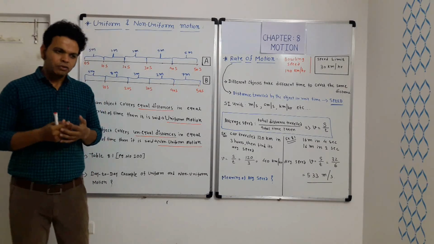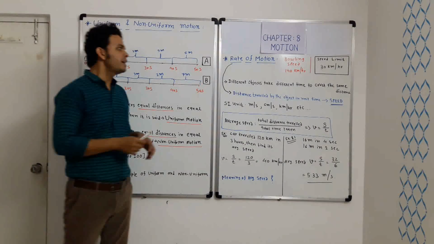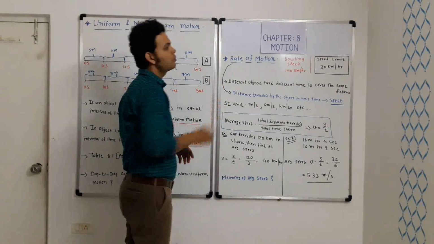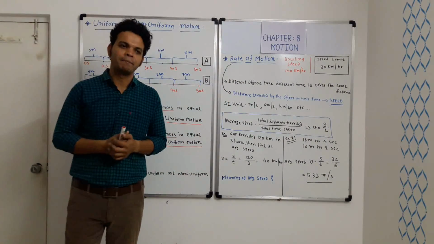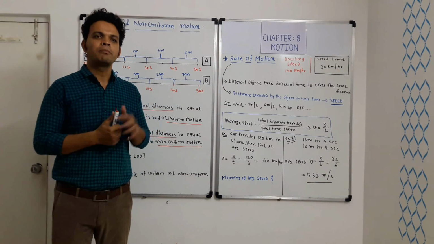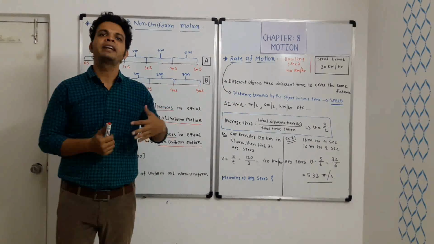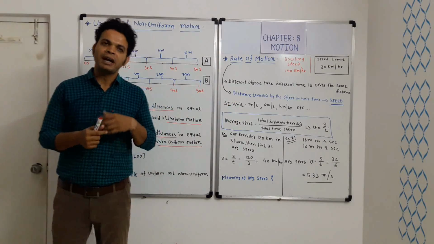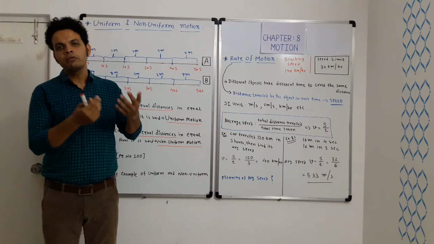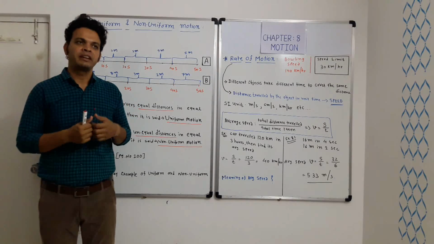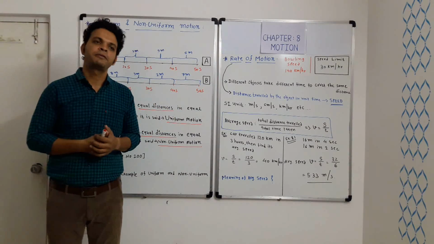Okay. You know that different objects take different times to cover the same distance. Is that clear? Let me give you an example. If I have to go from point A to point B, which is 5 km away. Now, if I go with a cycle, it might take half an hour. If I go with, let's say, a scooter, it might take, let's say, 15 minutes.